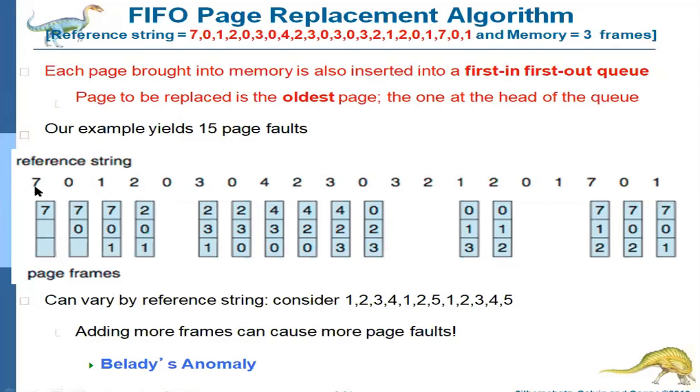The first page is 7. First it will check the main memory. Assume that the main memory is empty, so the required page 7 is not in main memory. At the initial configuration the 3 frames must be empty. So first you have to check whether page 7 is in main memory or not, but initially main memory is empty.